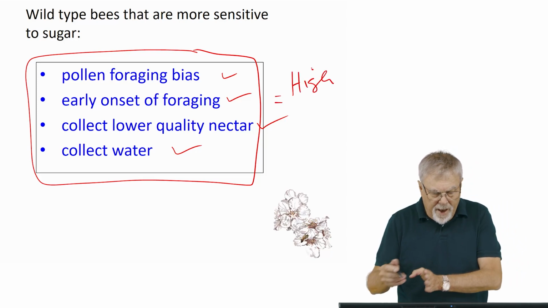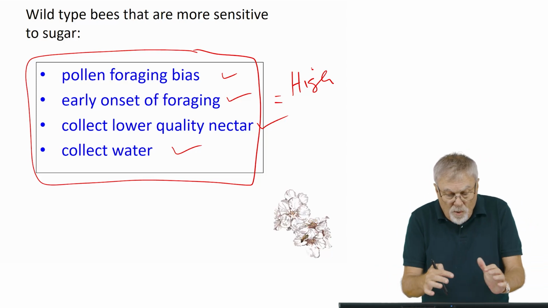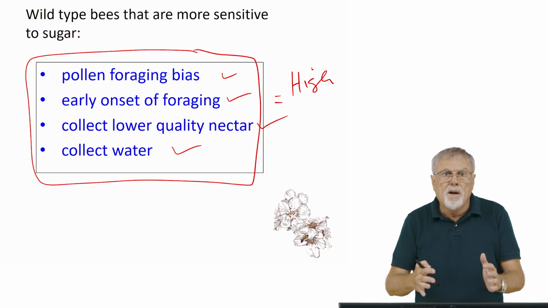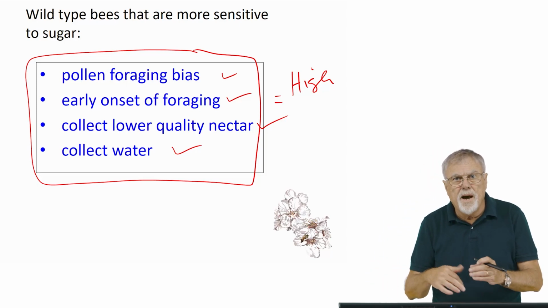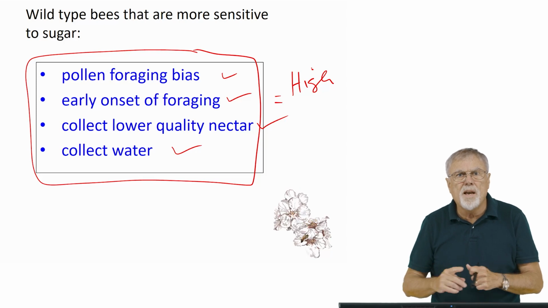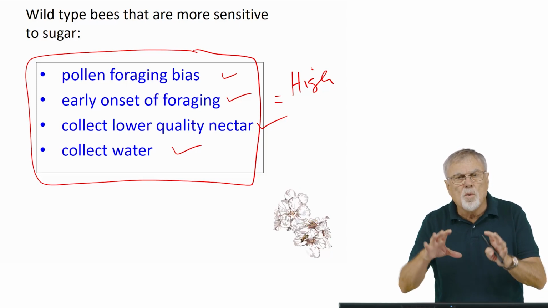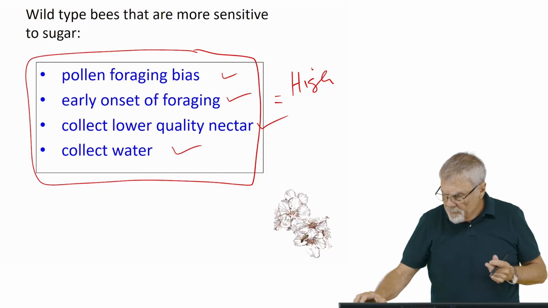High-strain bees are more sensitive to sugar. So we're building an architecture of behavior that is associated with high and low strain bees, and also associated with bees on the basis of their sensitivity to sugar. So we're showing an architecture.